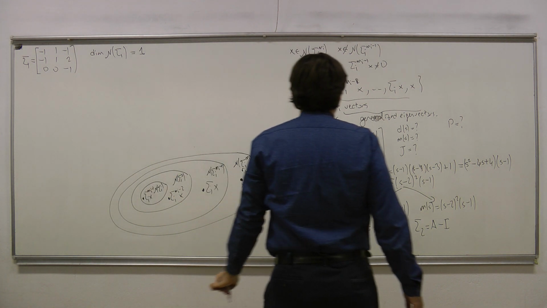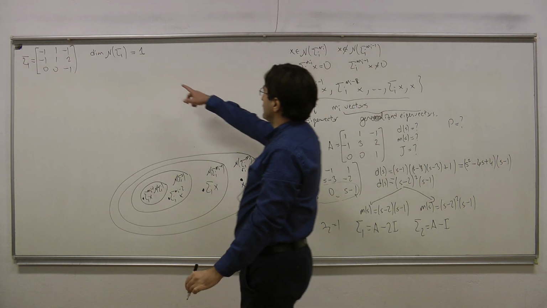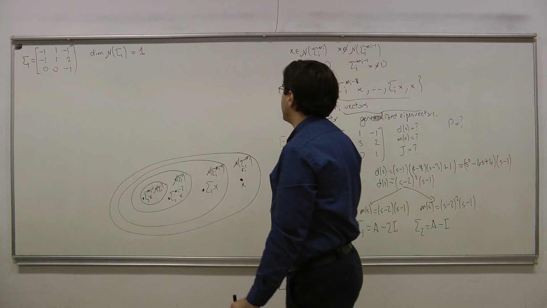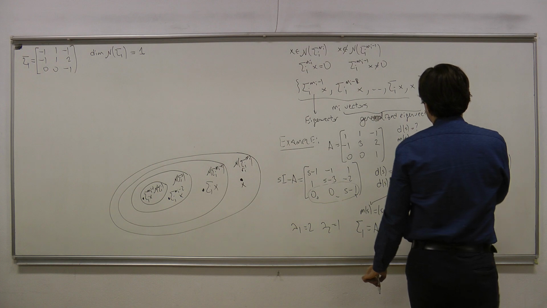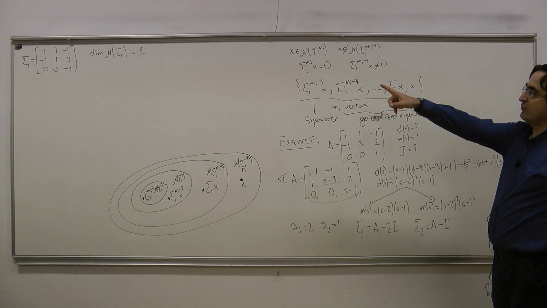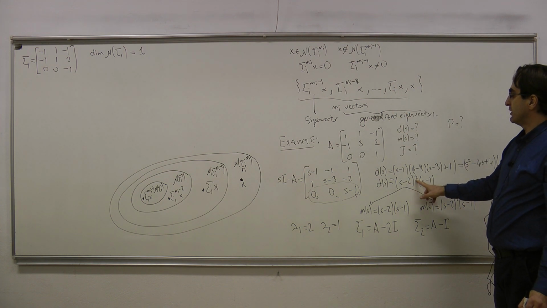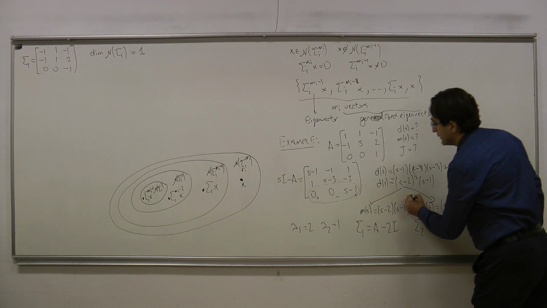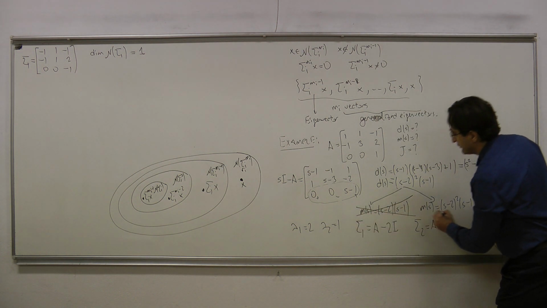Okay? And did we reach the largest possible dimension at this null space? What is the largest possible dimension? It is the characteristic polynomial power for this eigenvalue 2. I see that at the power 1, I didn't reach the dimension 2. As a result, the minimal polynomial of this matrix cannot be this one.